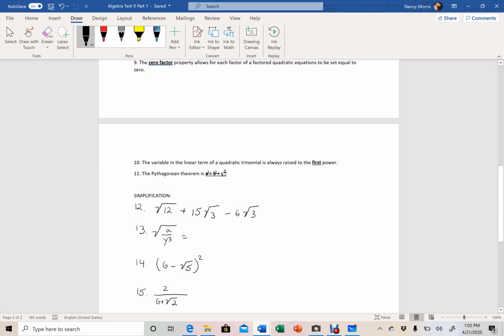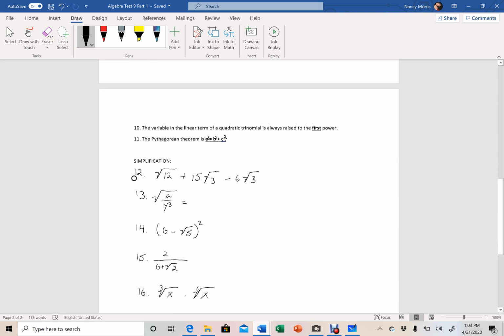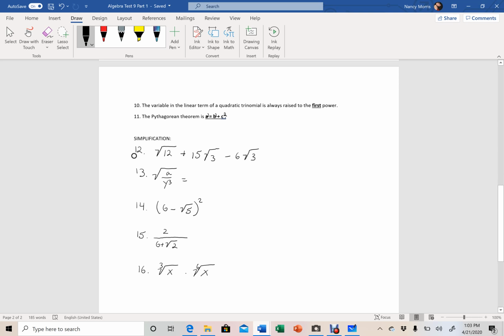Number 10 is the variable in the linear term of the quadratic trinomial is always raised to the first power. And then number 11 is your Pythagorean theorem. Is this correct? A squared equals B squared plus C squared. And if not, what is the correct form?